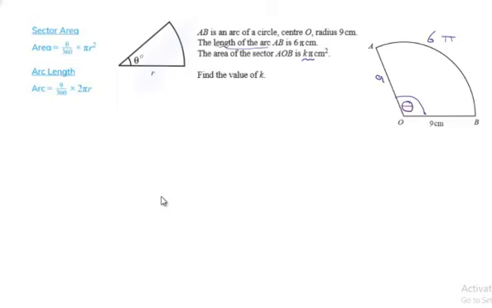We have the length of the arc. What was its formula? It was theta over 360 multiplied by 2 pi r. This was the formula for the length of the arc. This equals 6 pi. So let's cancel pi with pi and substitute r.